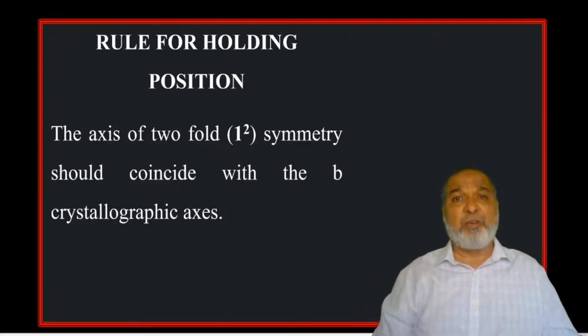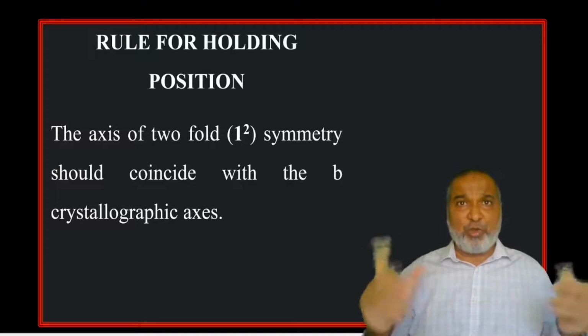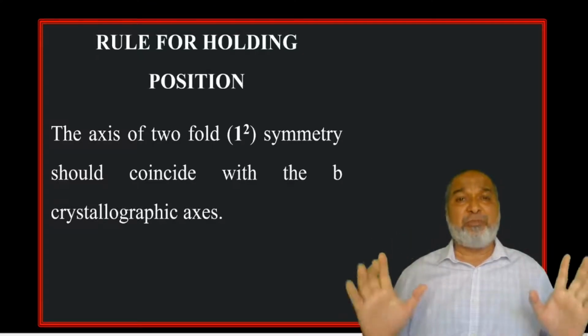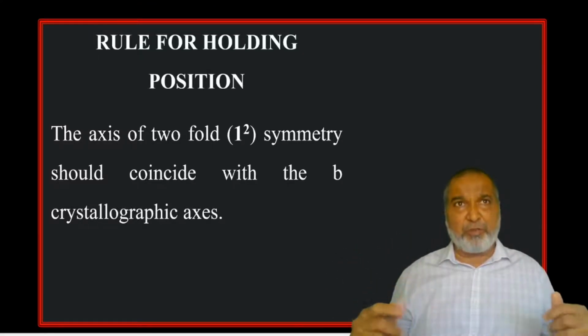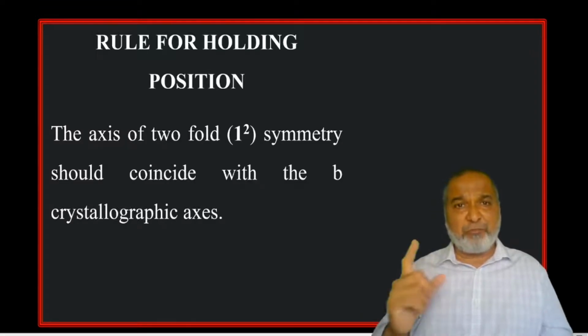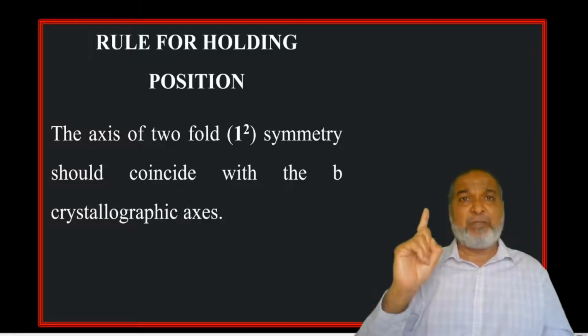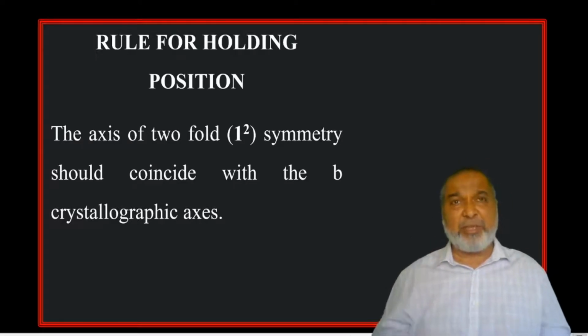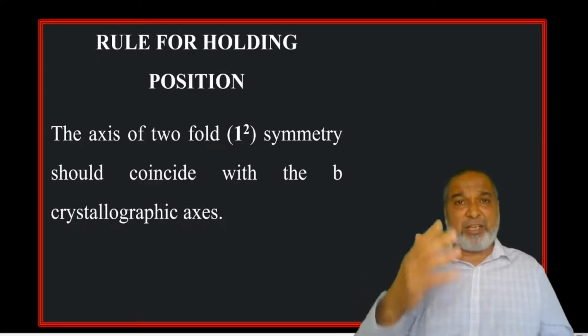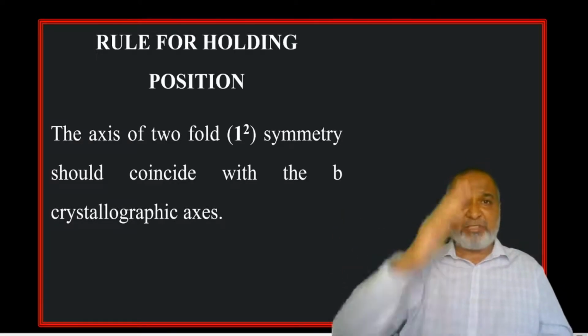Yes, the rule for holding position. Now, what does the rule say? Whenever a one or two-fold symmetry axis should coincide with your crystallographic b-axis. Wherever you rotate, you will find out which axis gives you one or two-fold. That is your b-axis. Once you get the b-axis, automatically A is inclined, and you can find out C is the longest.